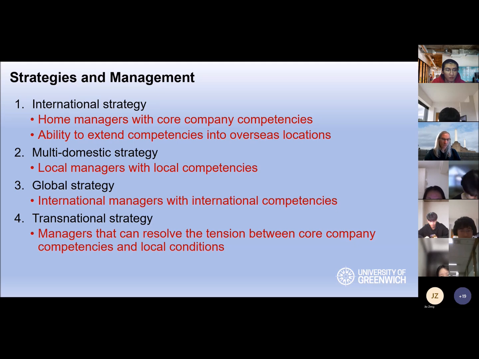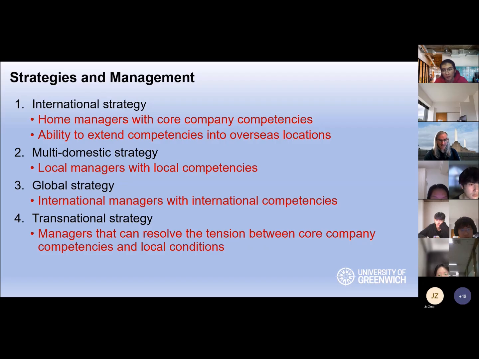They're the copy of what's happening at home. Generally speaking, then, there will be a tendency for the home managers to be the dominant managers. So the home managers are the ones who are sent overseas to run those foreign extensions.